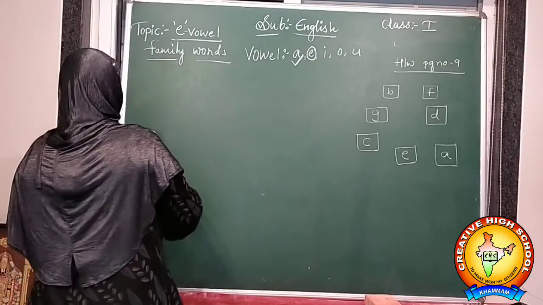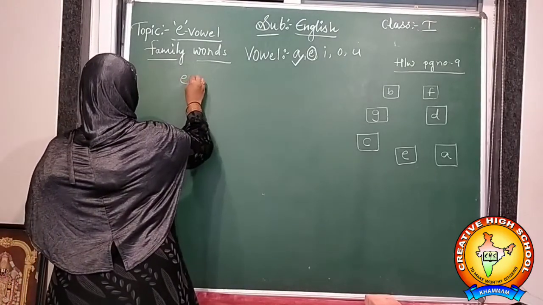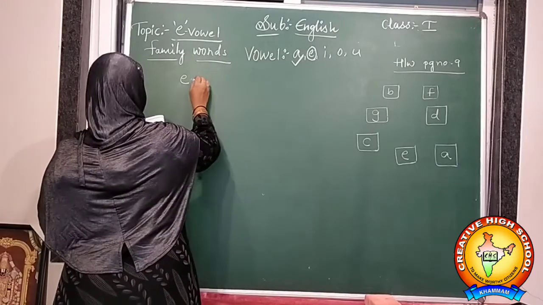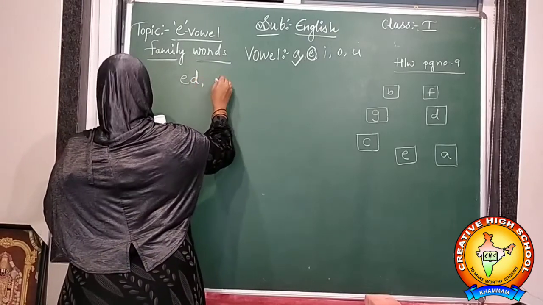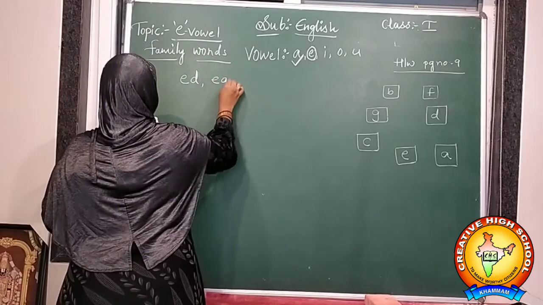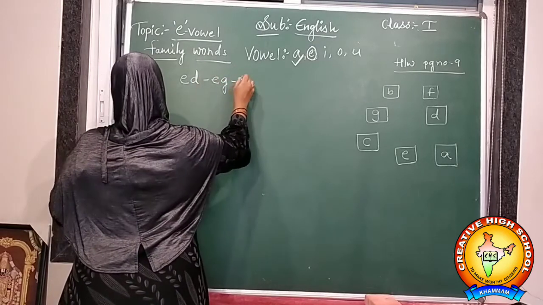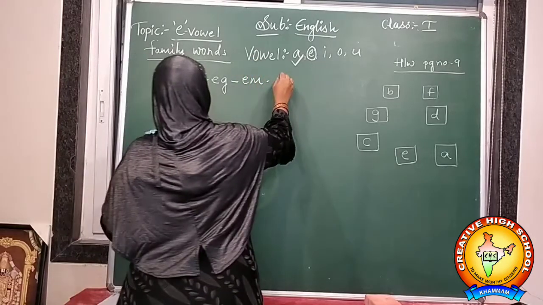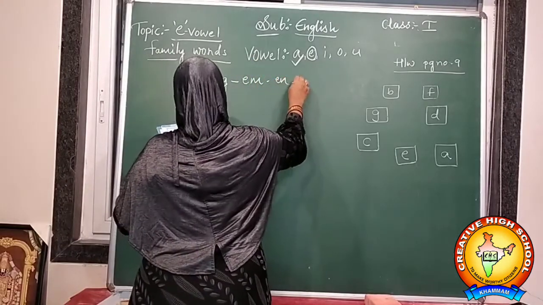So in E family words, we have the words ED, EG, EM, EN and ET.